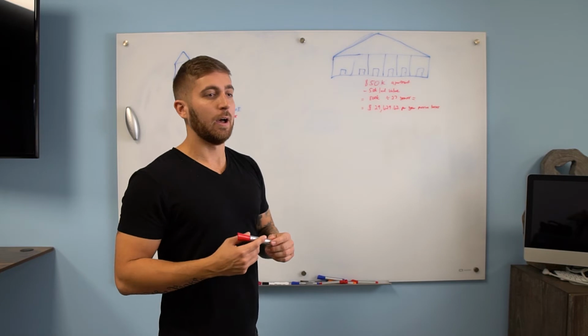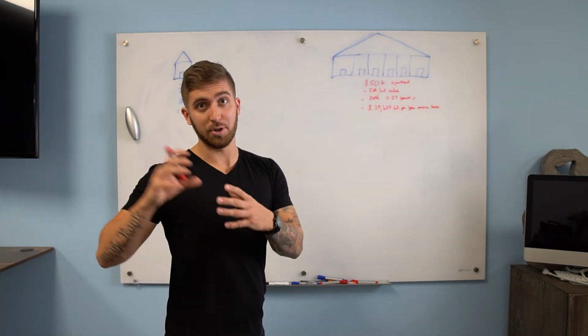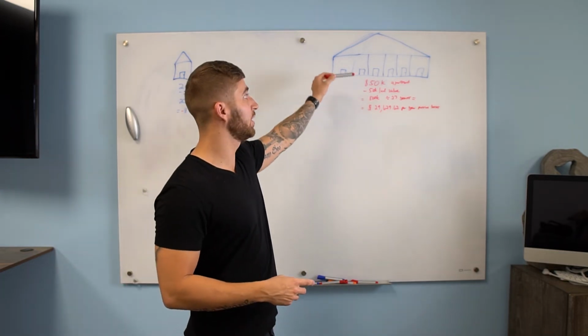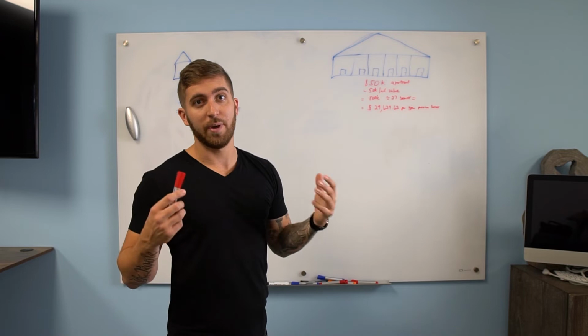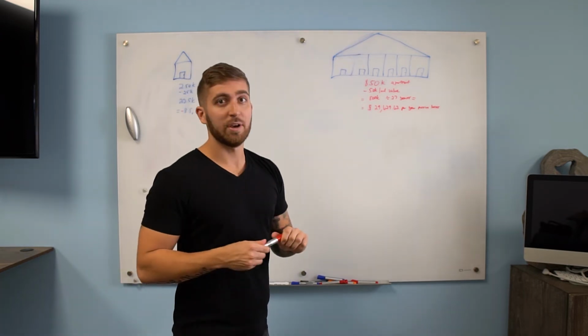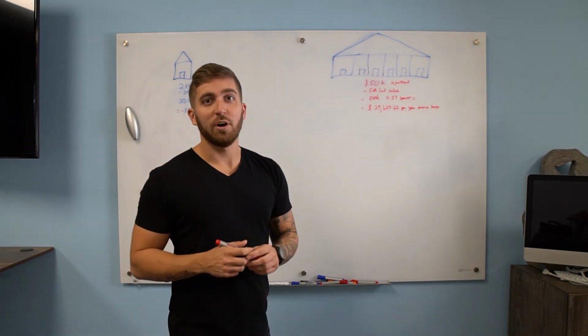From there, you could write that capital gain off if you're still buying other properties, using depreciation against other properties, or you could 1031 this into another property if you didn't want to pay any of the capital gain or the taxes on it.